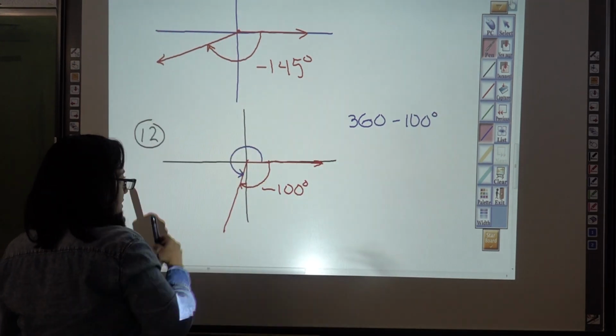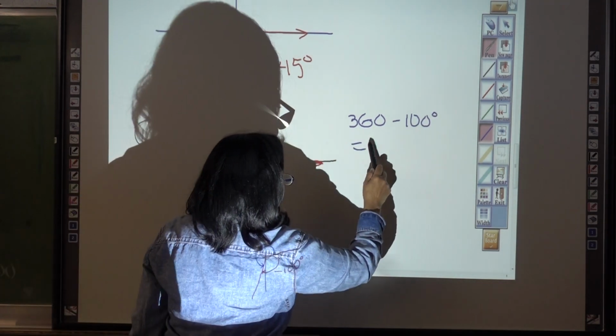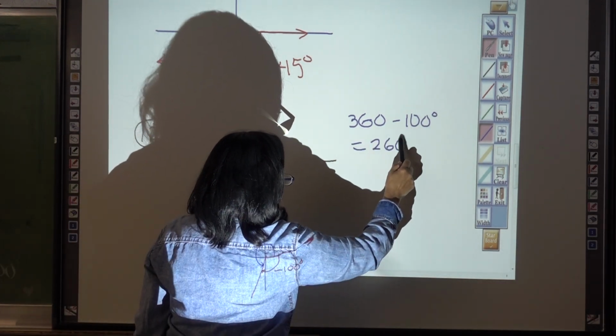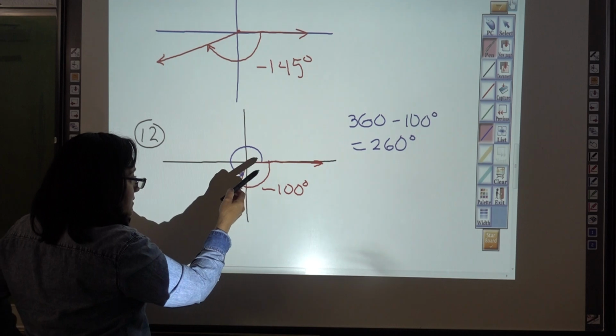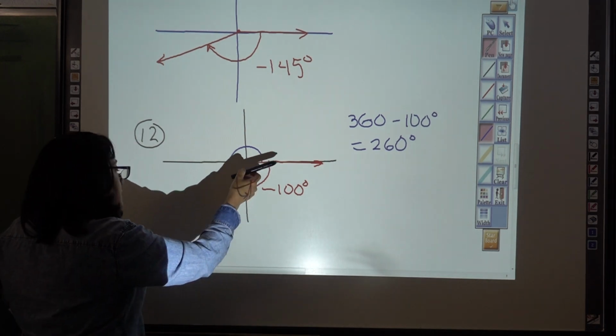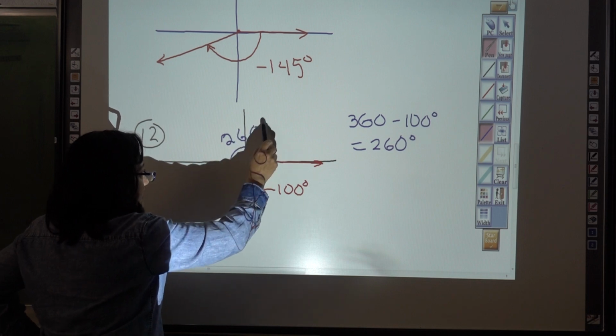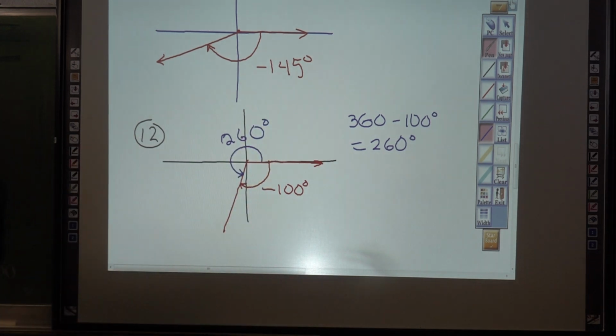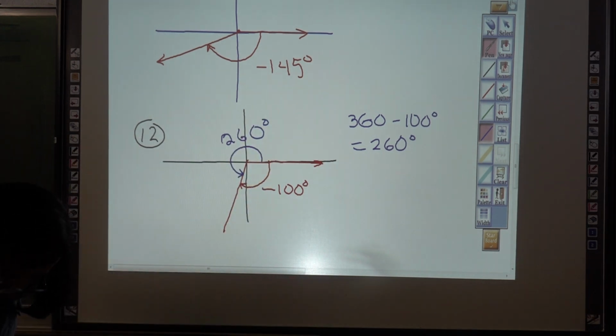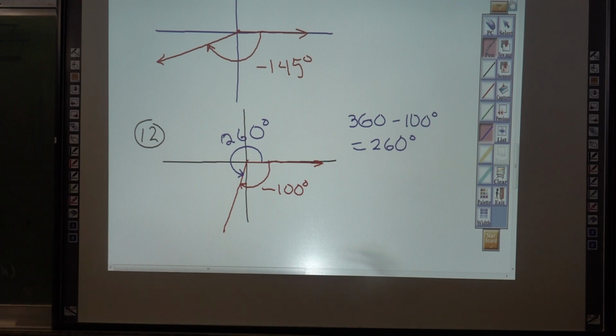Whatever is left to 360 is 260 degrees. We want positive because this one is counterclockwise. So this is 260 degrees. That's what you have to do in these problems: graph the given angle, and then go from there, finding whatever is left to complete 360.